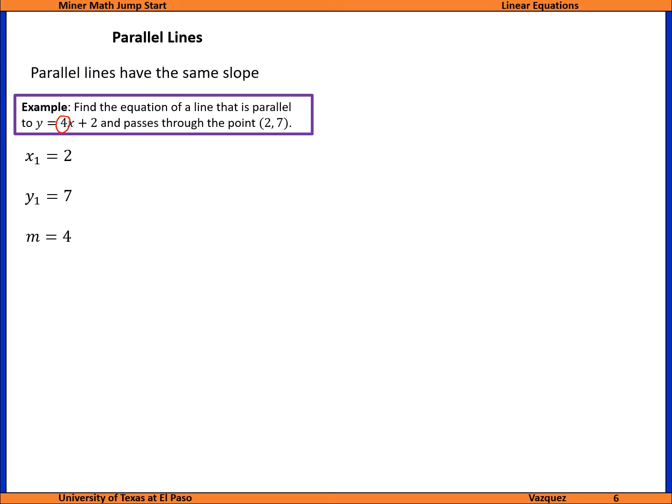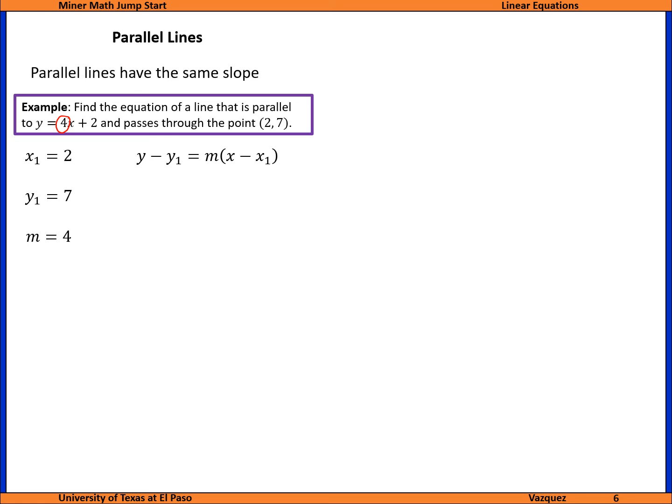Okay, so what do we do? Same as the slide from before. We use our same equation, y minus y1 equals m times x minus x1. After we have our equation, we already have x1, y1, and m. We know what they are.